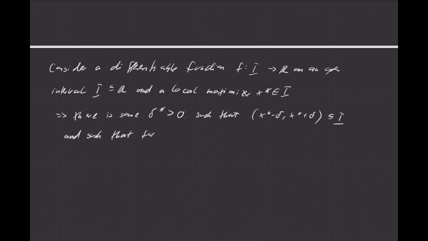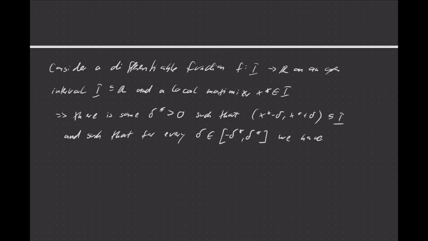now the maximum and minimum condition, we'll express this in a little different way. What we say is that for every delta between minus delta star and plus delta star, we have the following.